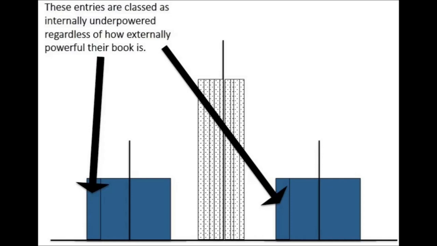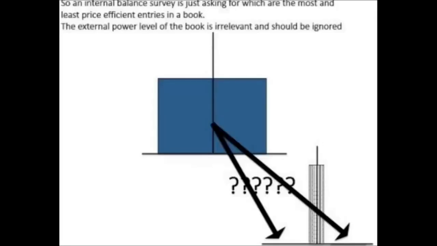We see what the balance survey is trying to do. It is trying to bring the most and the least price efficient entries of a book much more together. The external power level of the book is for that case irrelevant and can and should be ignored.